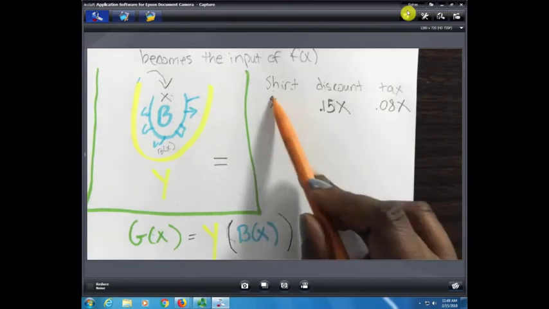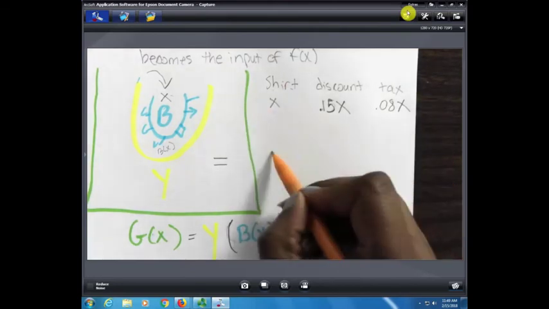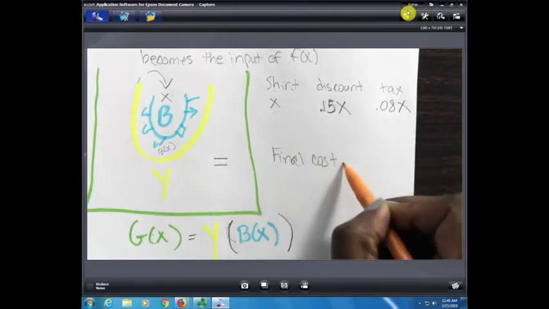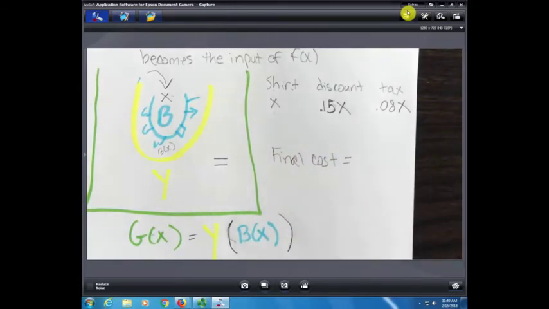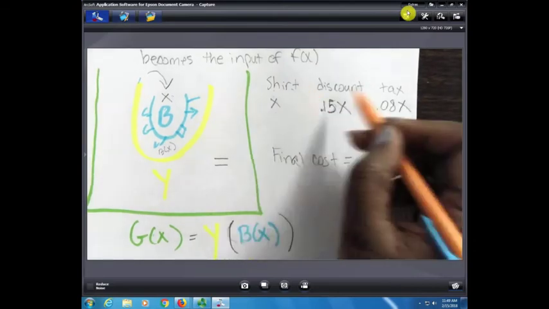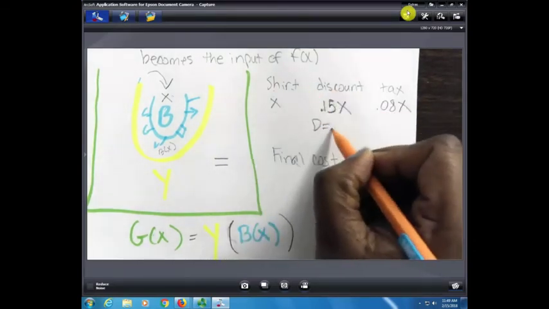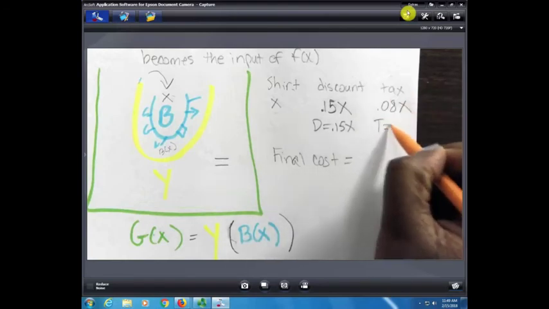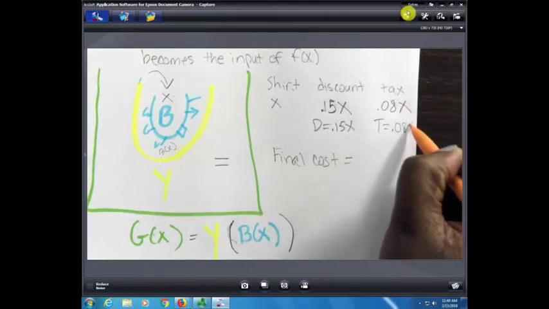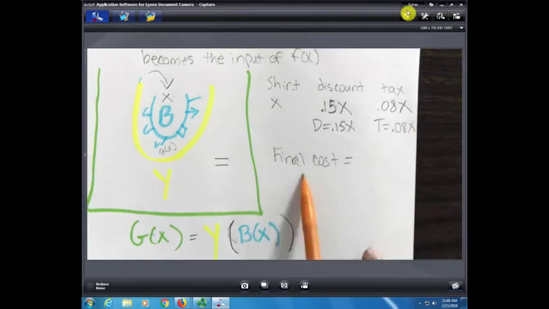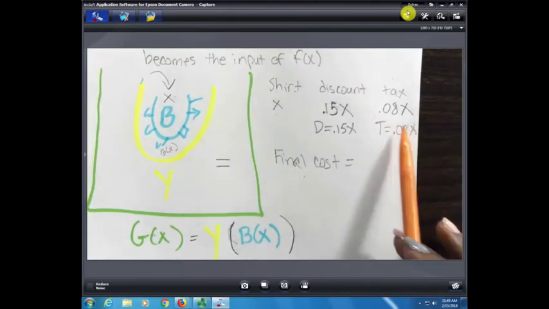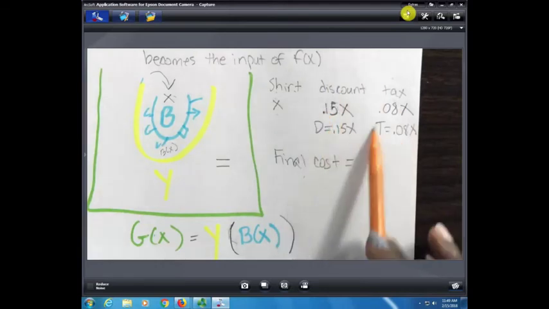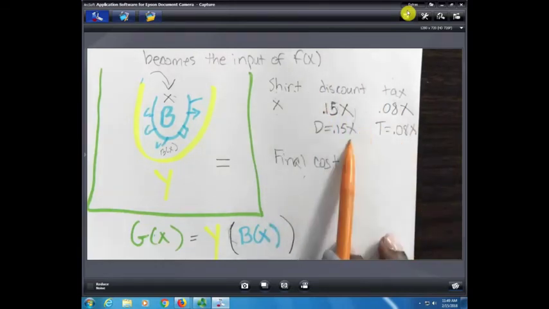If I want to calculate the final cost of this shirt, if I call this a function D, and this a function T, this final cost of the function depends on the tax, which depends on the discount.